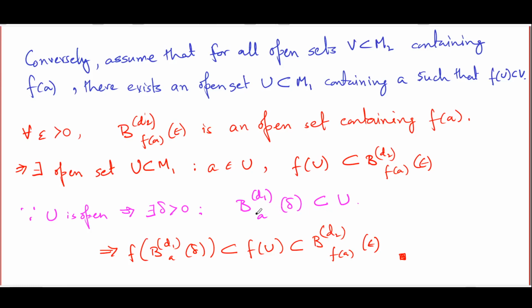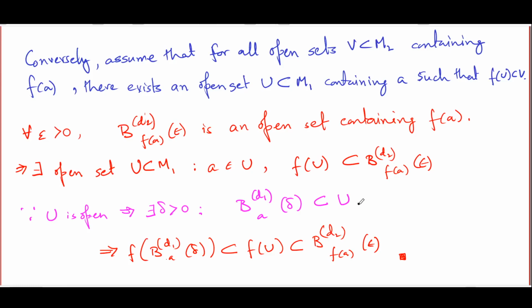So if you apply f to this open ball of radius delta centered around A, the result of course will be contained within what you get when you apply f on the entire open set U. But f(U), we have already seen, is contained entirely within this open ball according to the conditions of our theorem.